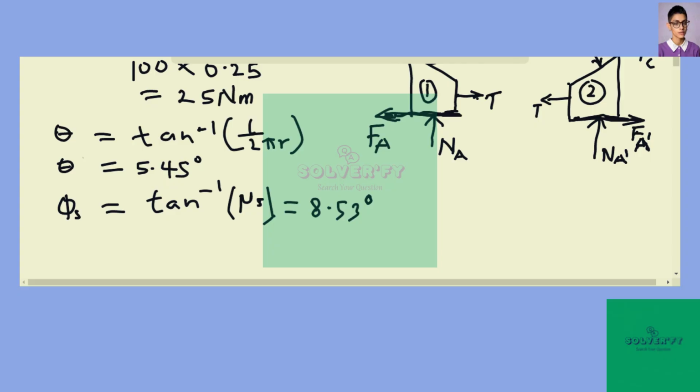So we can now make W the subject of the formula. If we make W the subject of the formula, just apply everything into the equation and you arrive at 4,032.3 Newton as W. Of course, W is equal to the tension T that is going out there.